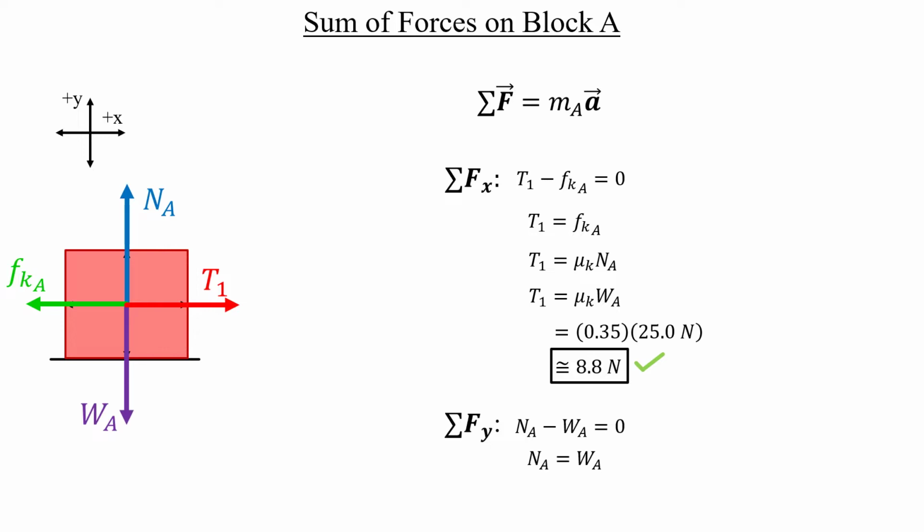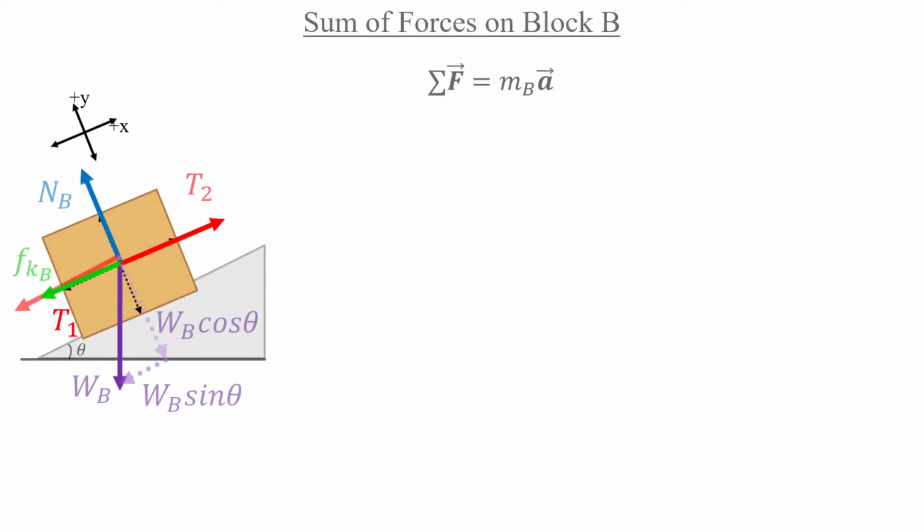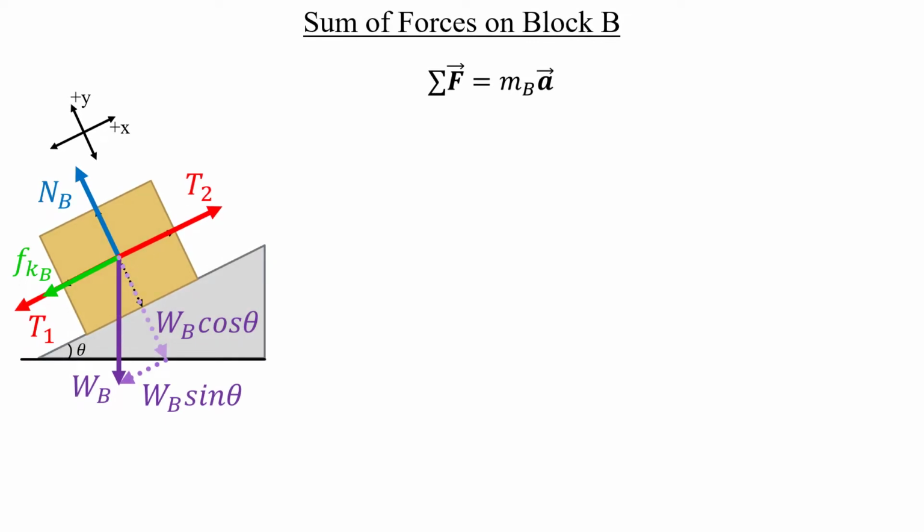To get the weight of block C for part C, first we'll have to figure out the value of tension 2. We'll get that in this slide with a little bit of work. First, our sum of forces in the x direction acting on block B looks like this. There's a couple more terms to deal with on the left-hand side, but there's still no acceleration, so that's not too bad.